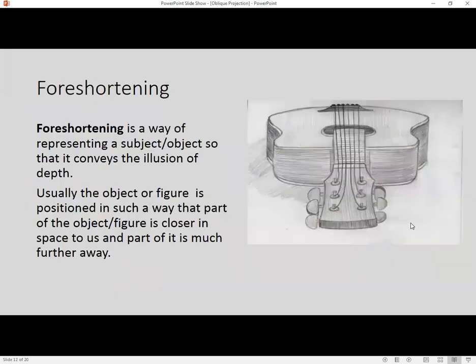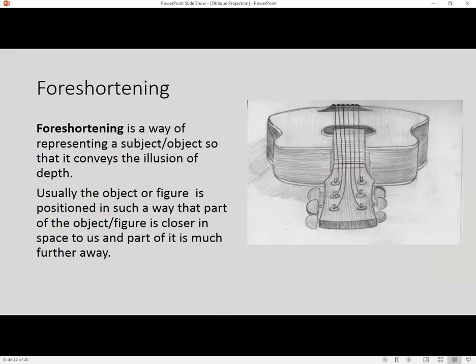Okay, so now foreshortening. And this is the one that sends people over the edge, because for some reason it's hard to understand. So foreshortening is a way of representing a subject or an object so that it conveys the illusion of depth.